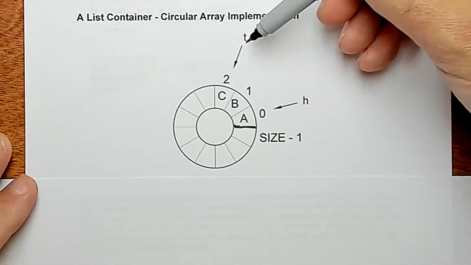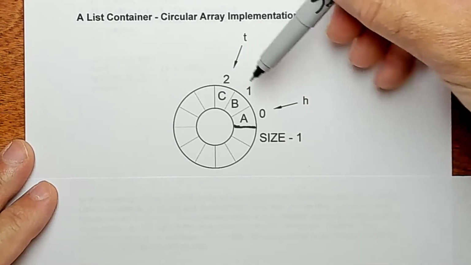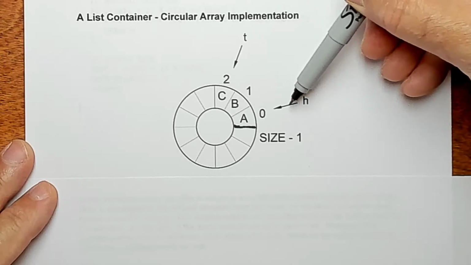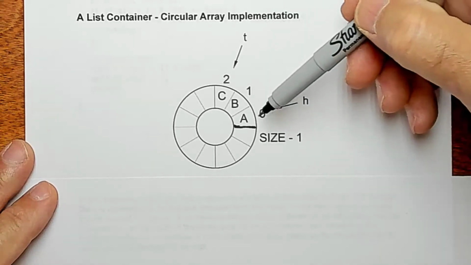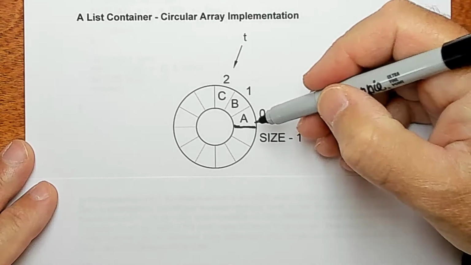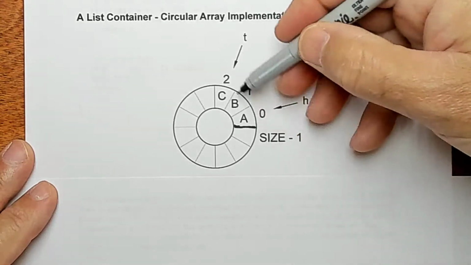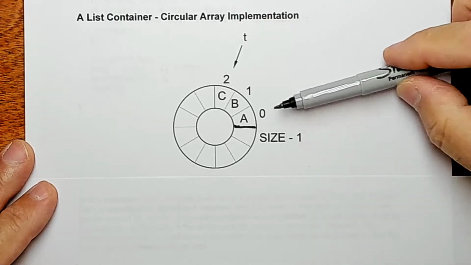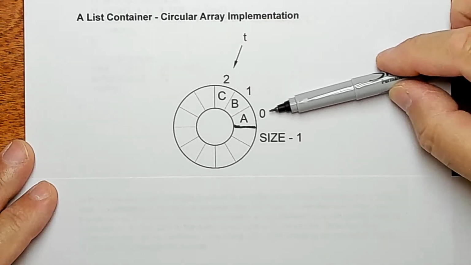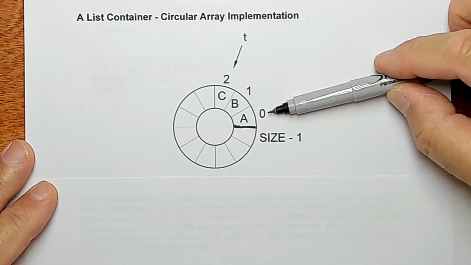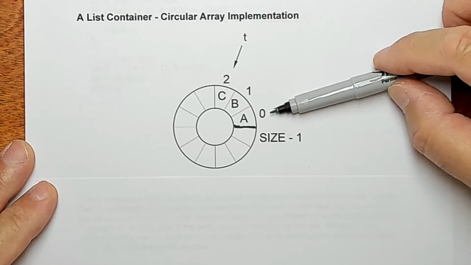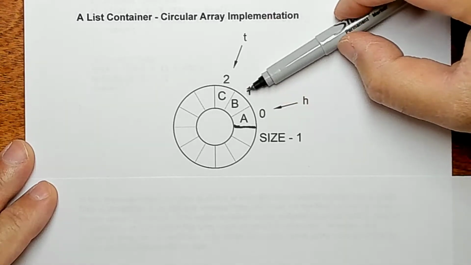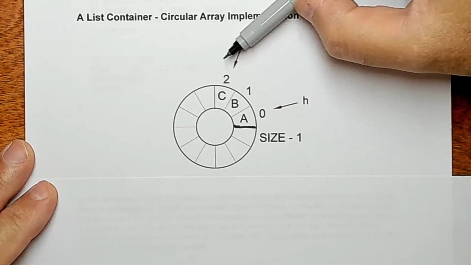We append operations at the tail, and then we remove items from the head. So let's say we did append A, then append B, and then append C. The data would look like this. First, when this guy starts up, the head and the tail are at 0. Then you append A, and the tail moves down once. And then you append B, and the tail moves down once.